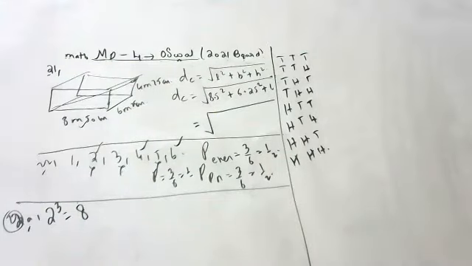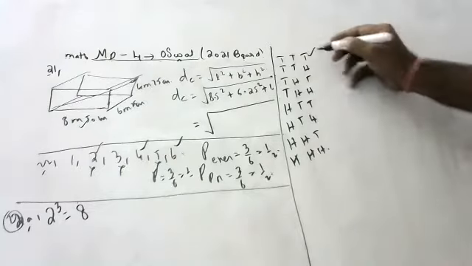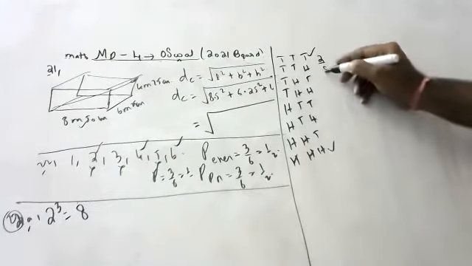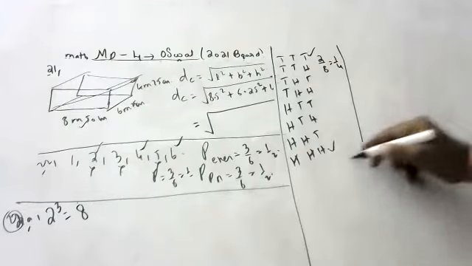What is the probability of getting all heads or all tails? 2 by 8, that is 1 by 4.